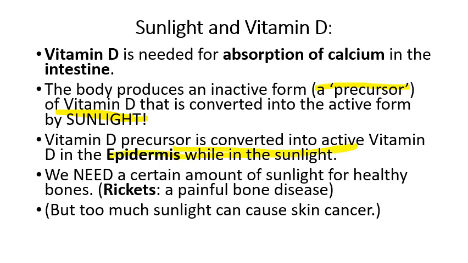We need a certain amount of sunlight to get healthy bones, because we need it to get the proper amount of vitamin D. Otherwise, you could grow up with problems. The worst thing that happens to people who don't get enough calcium in their diet is a disease called rickets, which is weakening of the bones, caused by a lack of calcium to put in the bones. Okay, so why do you have a lack of calcium?